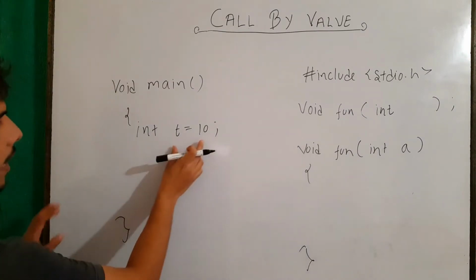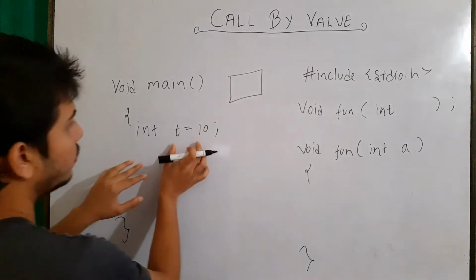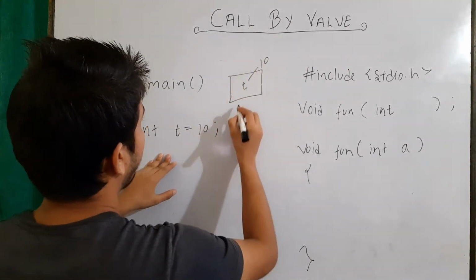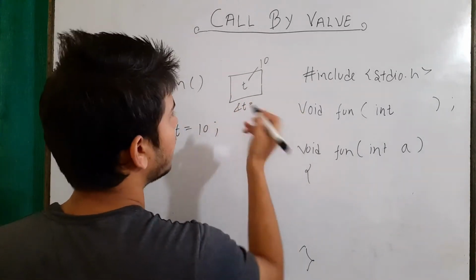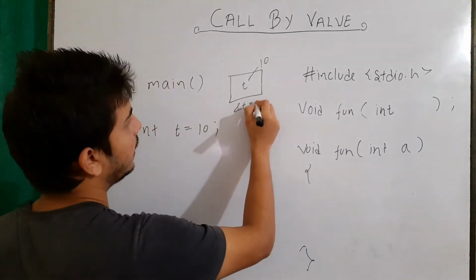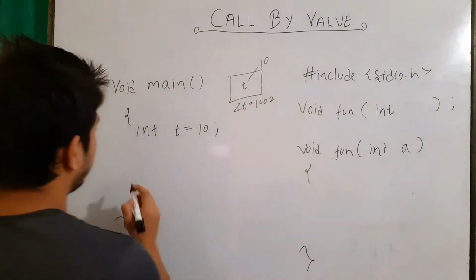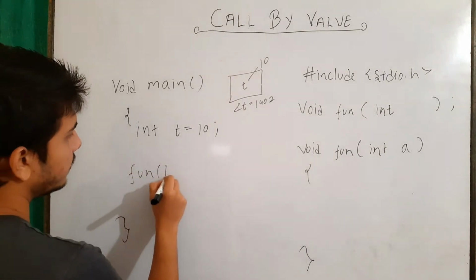So what is happening right now is that a memory location will be allocated to a variable. So here t will be 10 and some address will be given, could be any address, we don't know, let's say the address is 1402. Then I am calling the function fun and I pass t here.